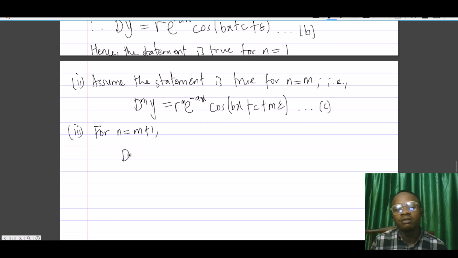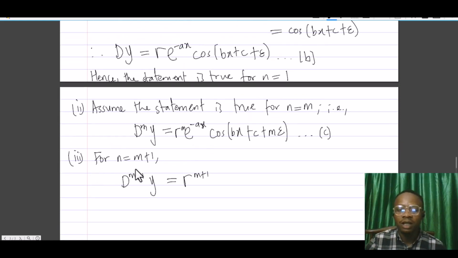The derivative of this will be the m plus 1 derivative of y. And we will now check what the formula gives us. If we just use the formula directly, we will get something like r to the power of m plus 1. That means wherever we had n in the formula, we will replace it with m plus 1.